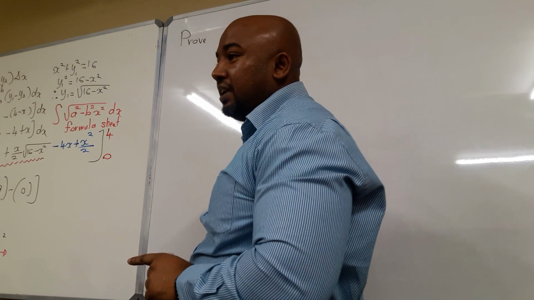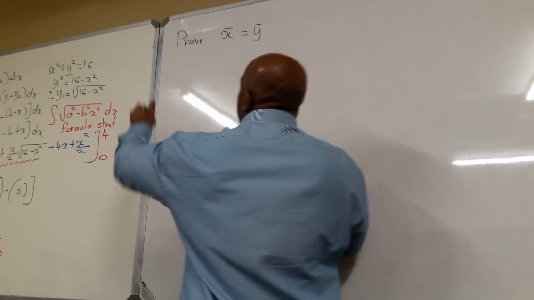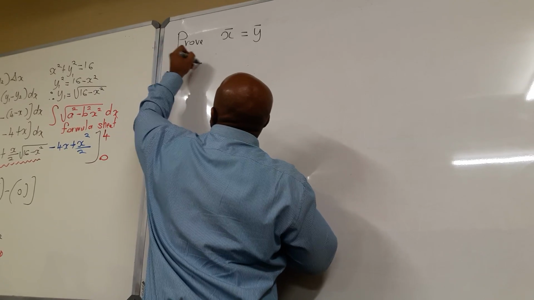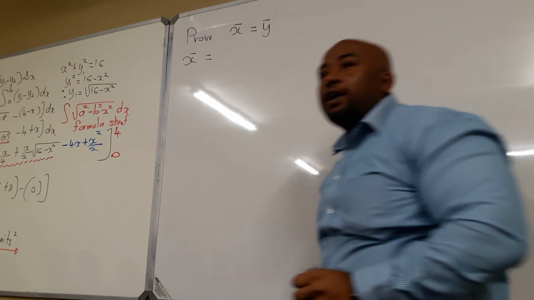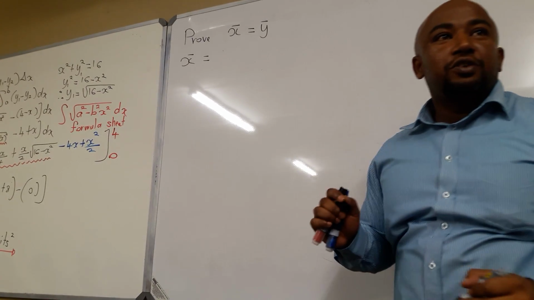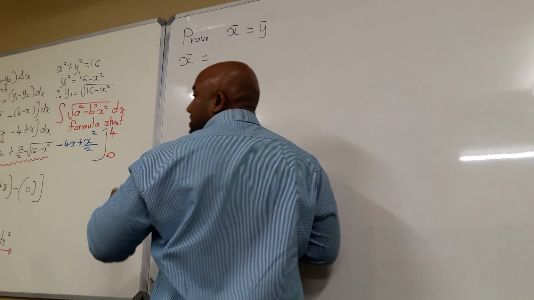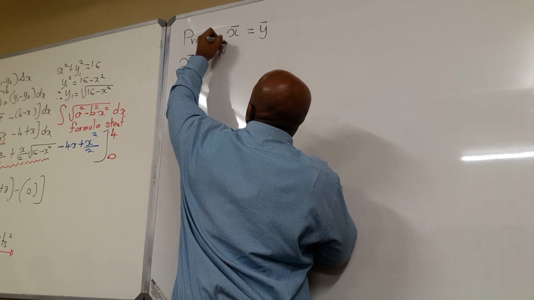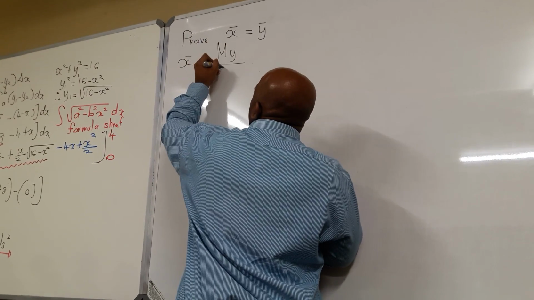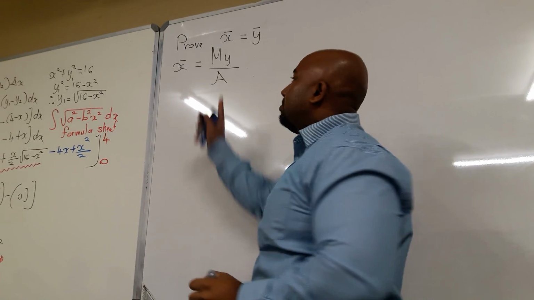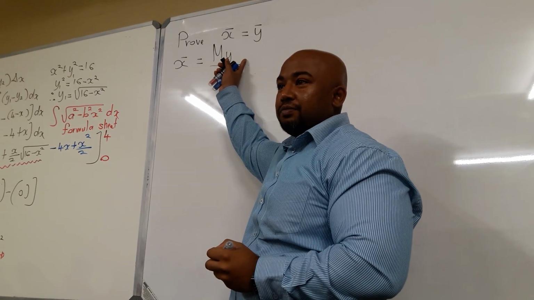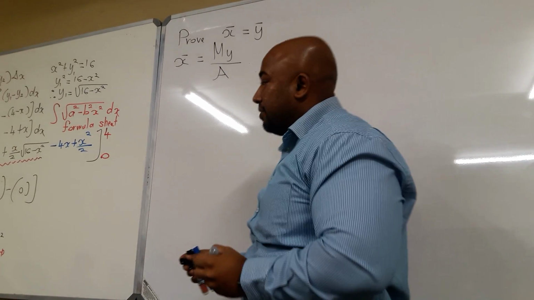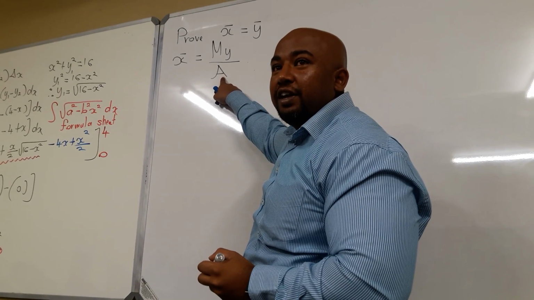Let's start finding the left hand side, which is x. So, if we want to work out the x coordinate of the centroid, x is given by the formula My over A. You take moments about the y-axis. Okay, so now we already have A for area.